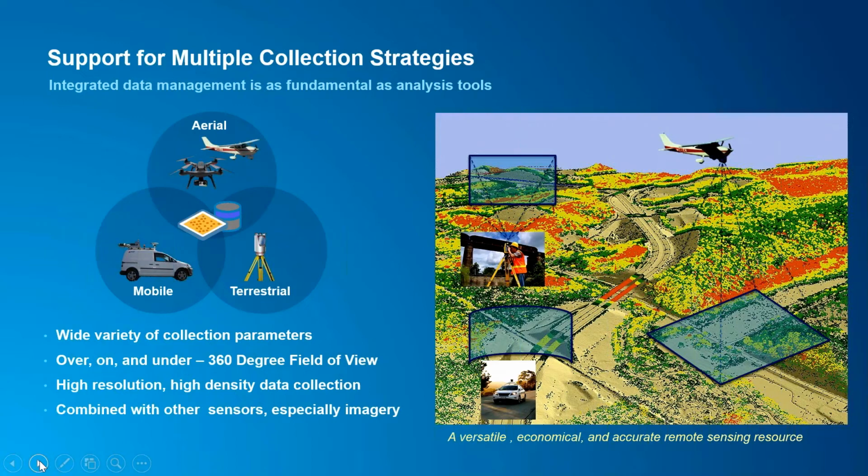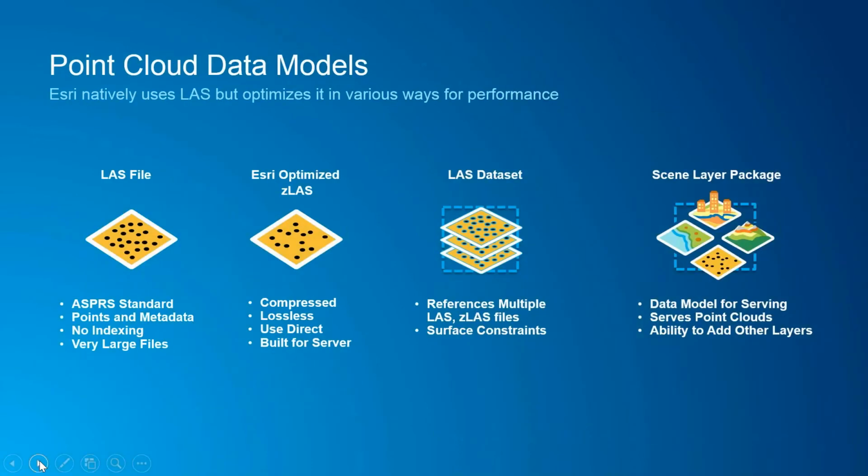There are a number of new tools to take point clouds that are collected from aerial sources, drones and aircraft, from mobile sources moving along roads or rivers, and from terrestrial sources where you put a laser scanner up and start collecting both the outside and the inside of buildings. It's really exciting what we're doing with 3D. We've optimized the point cloud storage model itself. In the past, we had this LAS dataset notion.